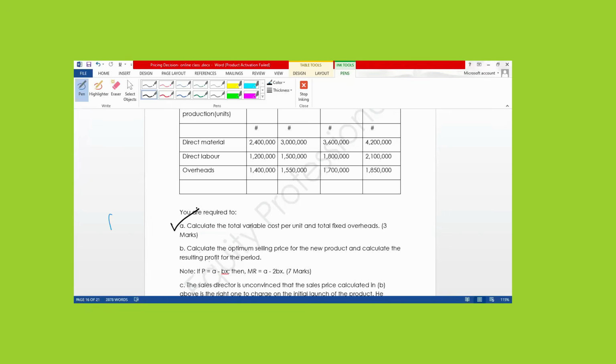The marginal revenue is given. The examiner kept this question simple for you. The examiner has even given you marginal revenue. I think it was a recent question set.